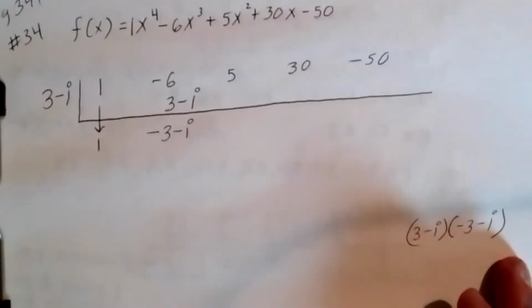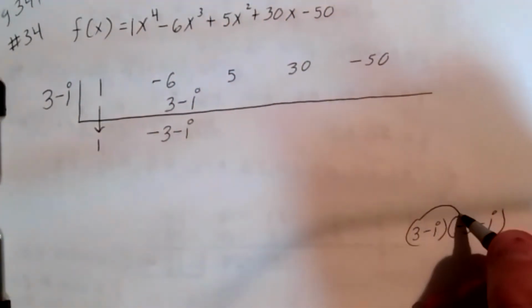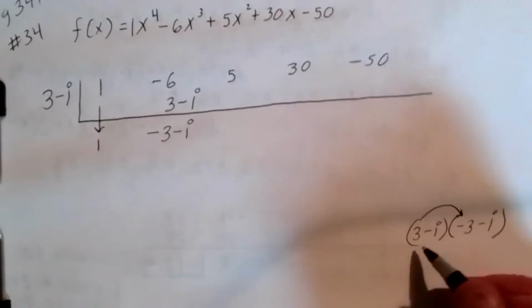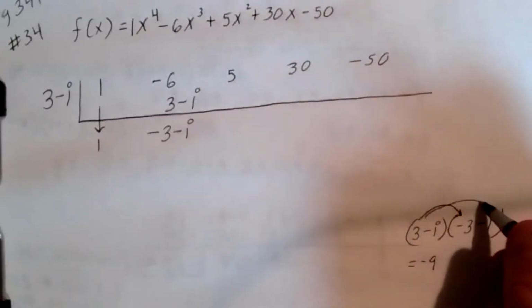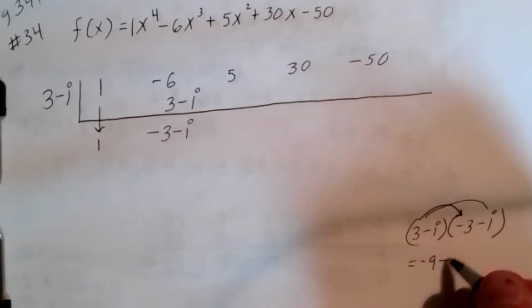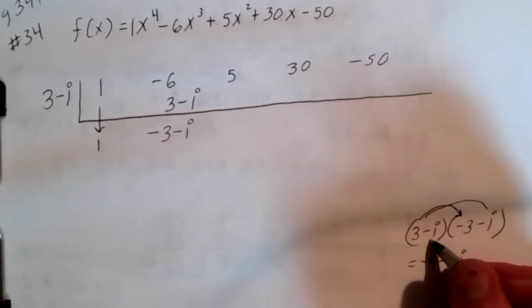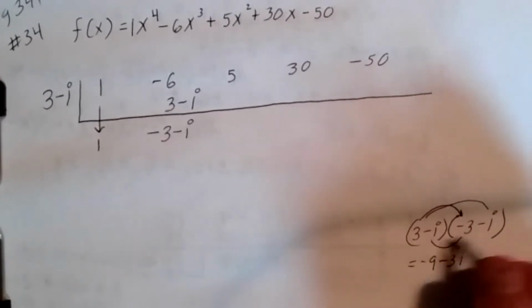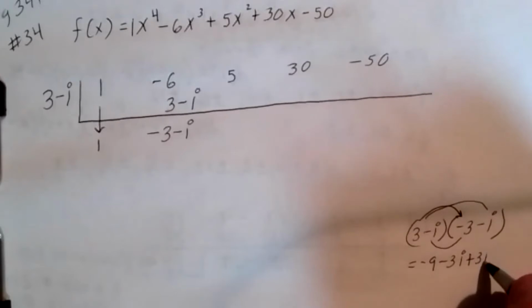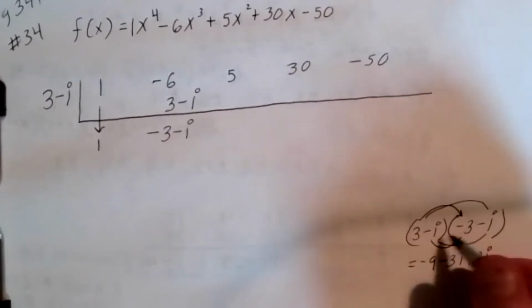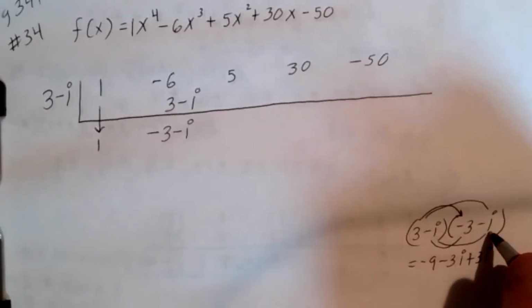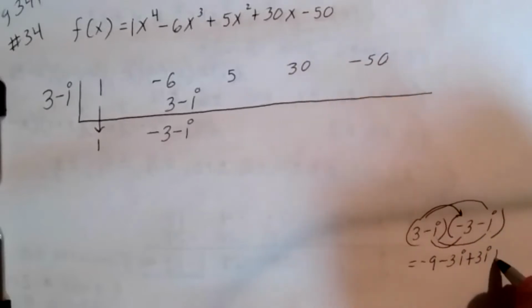We're going to have to FOIL this out. What's 3 times -3? -9. What's 3 times -i? -3i. What's -i times -3? +3i. What's -i times -i? -i times -i is +i squared.